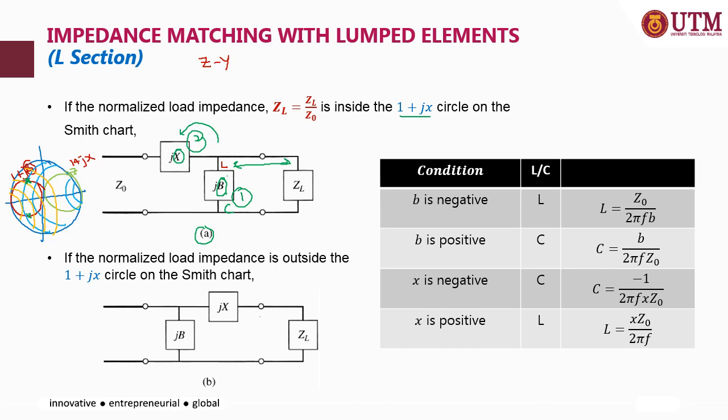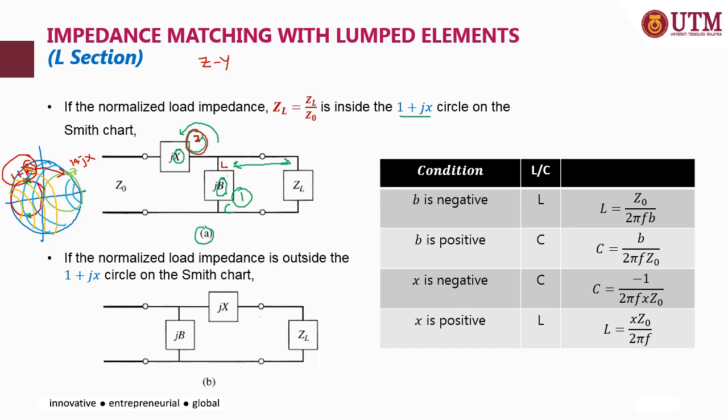Okay, next, once we have solved B, we look at the second component in series, which is jX. Then you need to refer to the Z lines within the Smith chart, right?